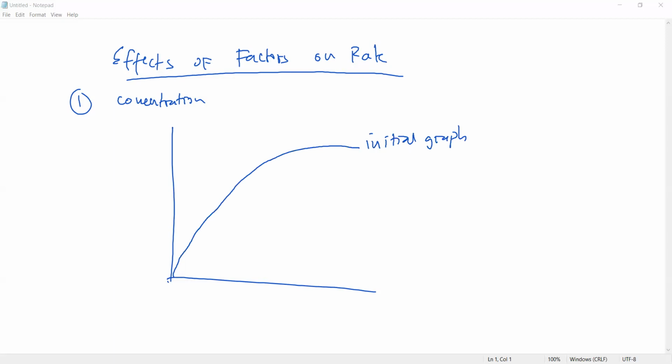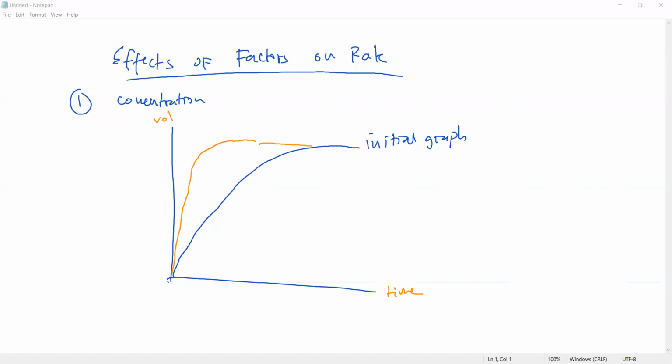If you are using a concentration that is higher than normal, what we get is a reactant that is going to react faster. But in the end, we're going to have the same amount of product. So they're going to initially go faster, but in the end, they must have exactly the same total amount.